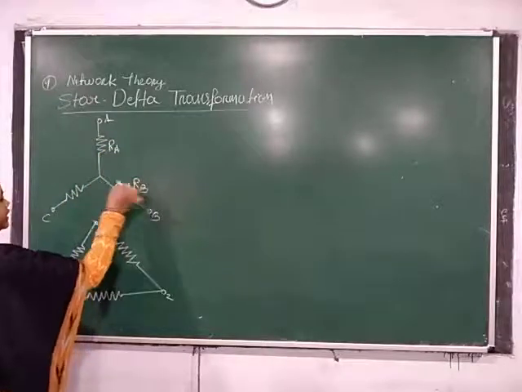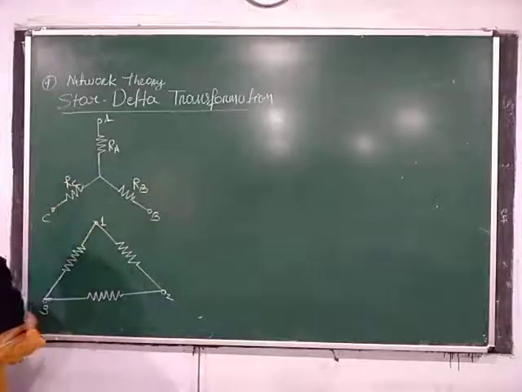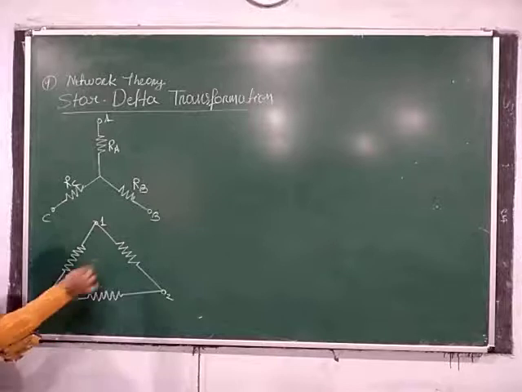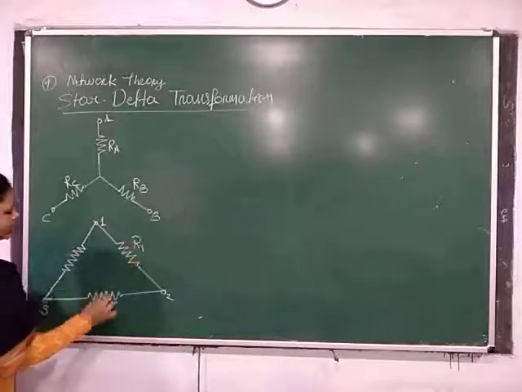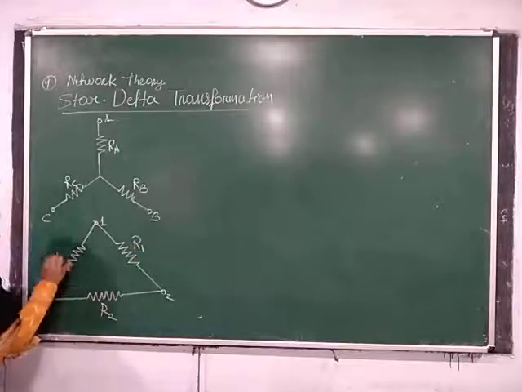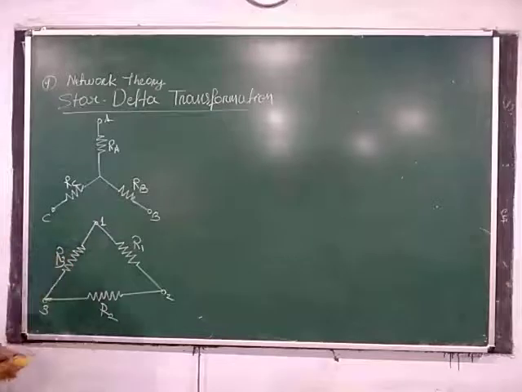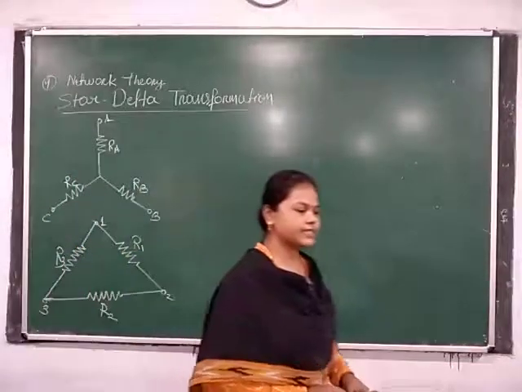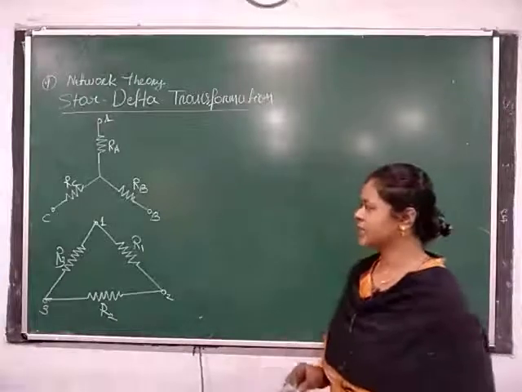RA, RB, RC are the circuit elements of the star connection. Let R1, R2 and R3 be the resistances of the delta connection.